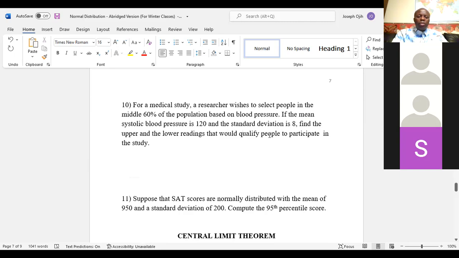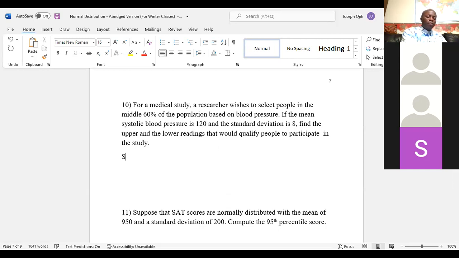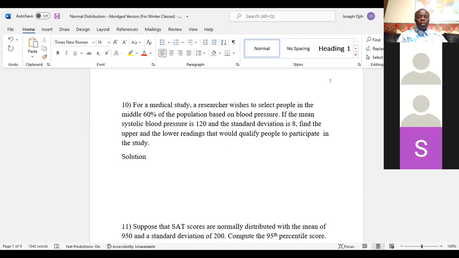If the mean systolic pressure is 120 and the standard deviation is 8, find the upper and lower readings that will qualify people to participate in the study. So in this case, you're looking for two things, the upper and lower readings.